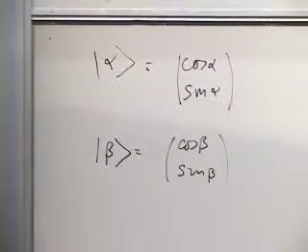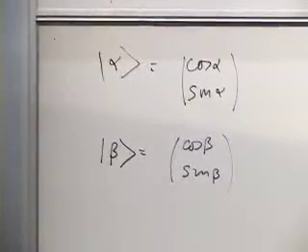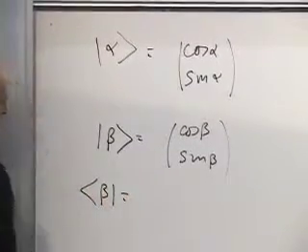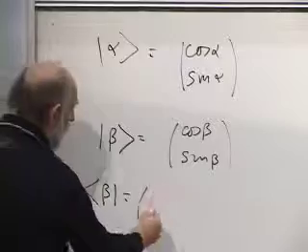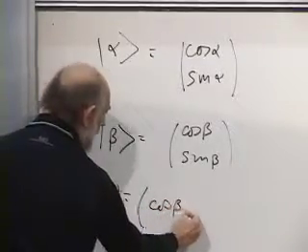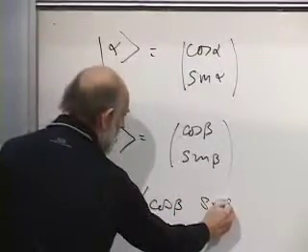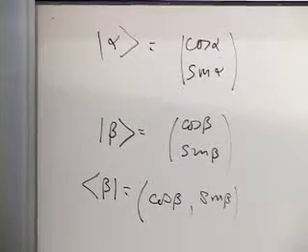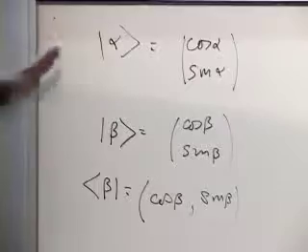But I really want the bra vector. So the bra vector beta is the row of cosine beta, sine beta. We just turn it and make a row vector out of it. Now what's the inner product of alpha and beta?